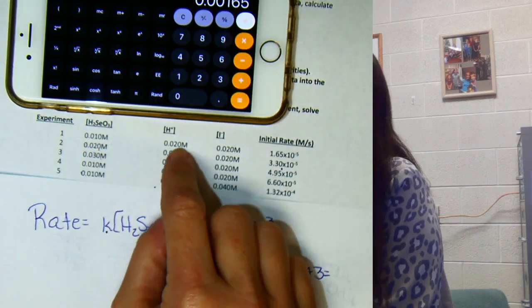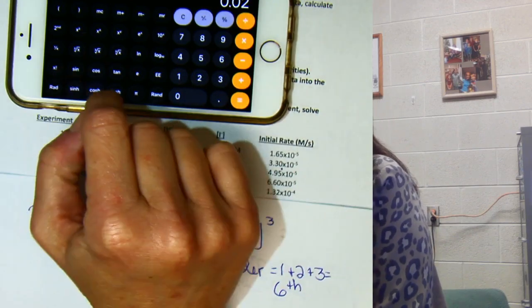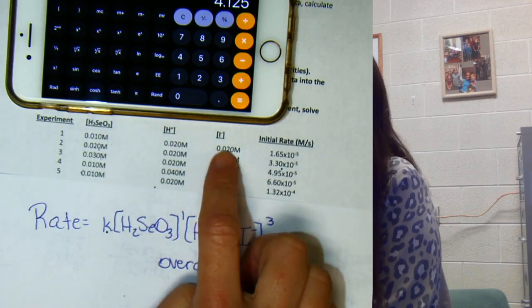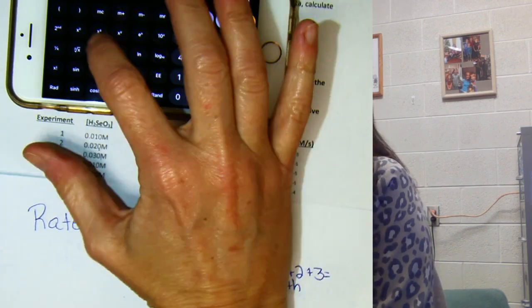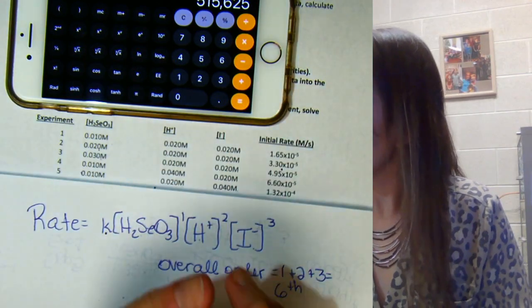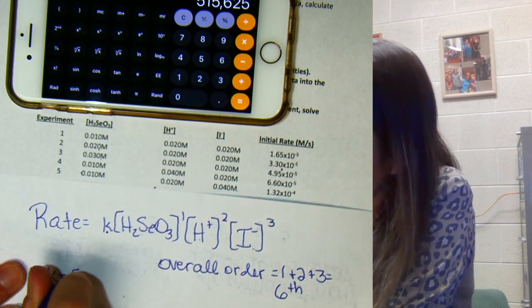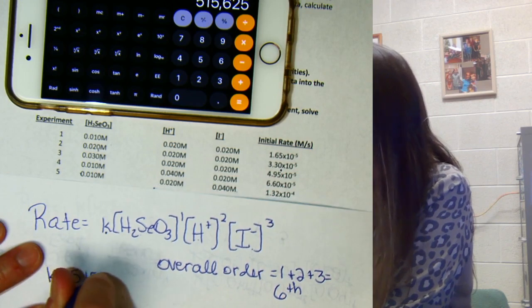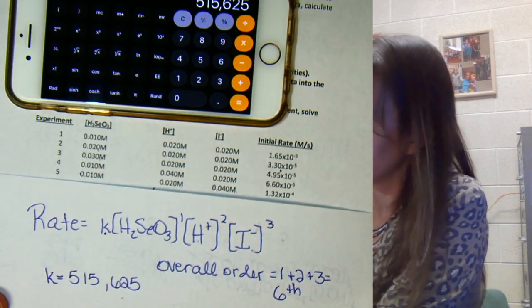We're going to divide it by 0.02 squared, and we're going to divide it by 0.02 cubed. Equals. So our rate constant is 515,625.